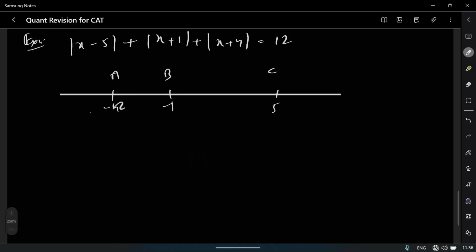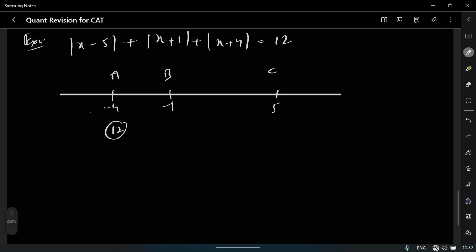When we are substituting x equals minus 4 and solving this, write down the output of that number. When we substitute x equals minus 4 in this, we get the value 12.